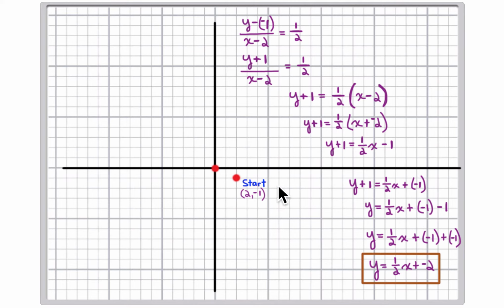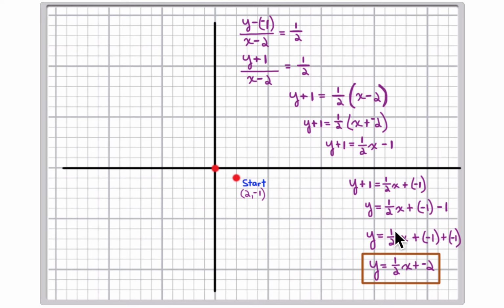And if I added 1 to move up to the horizontal axis, I have to subtract that 1. I have to take that 1 away from the y. So this becomes y equals 1/2 x plus a -1, and also I have to subtract that 1, so minus 1. Well, subtracting 1 is adding a -1. This is why this seems long, a bunch of tiny little steps here.